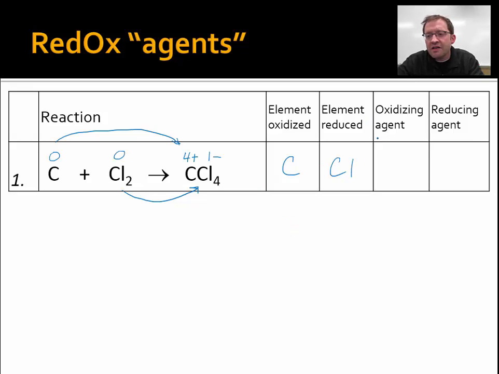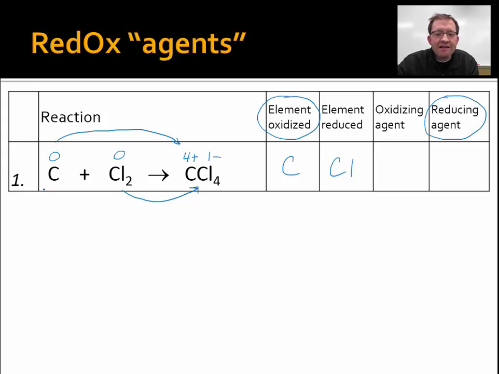Now, in order to figure out the agents, we want to look at the element being oxidized here and connect that to the reducing agent. So in this particular case, my first column will include the element being oxidized, and my last column will have the corresponding reducing agent that that element is part of. In this equation, carbon is being oxidized, and carbon then must be part of the reducing agent.